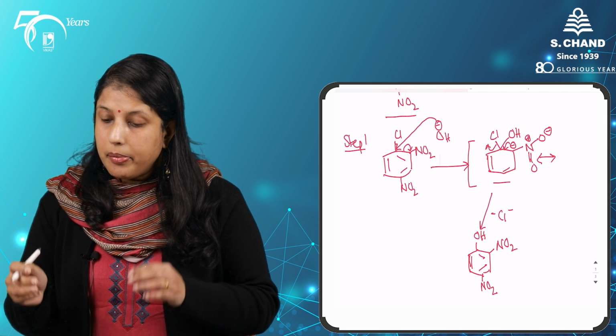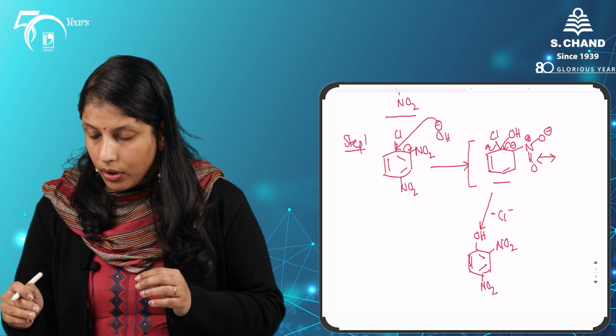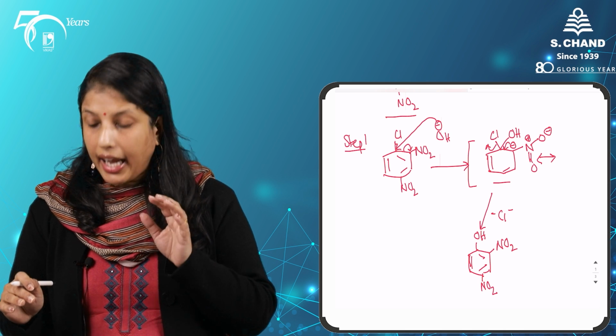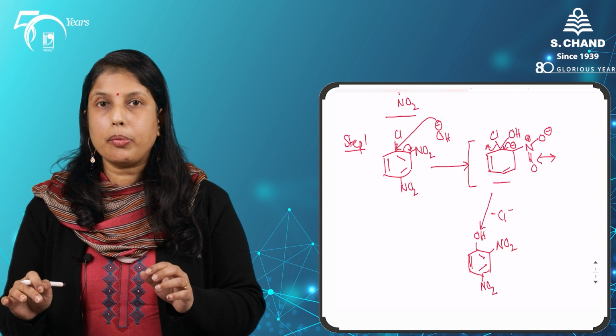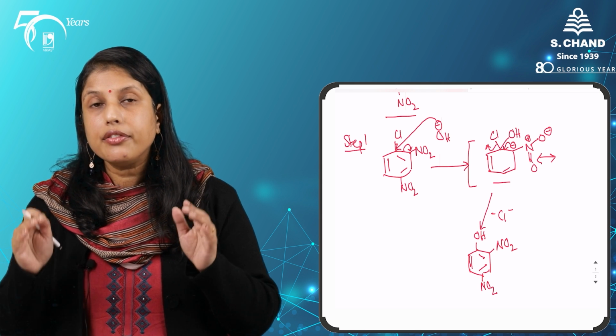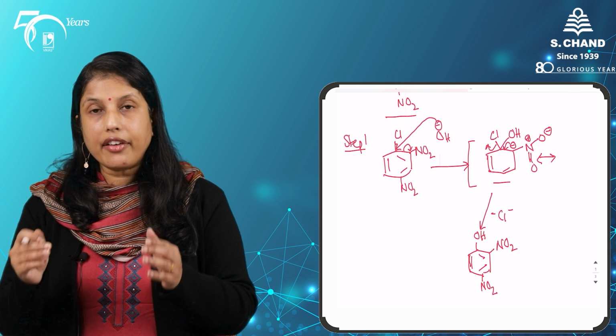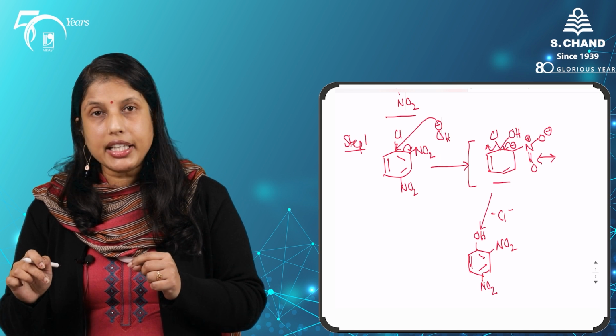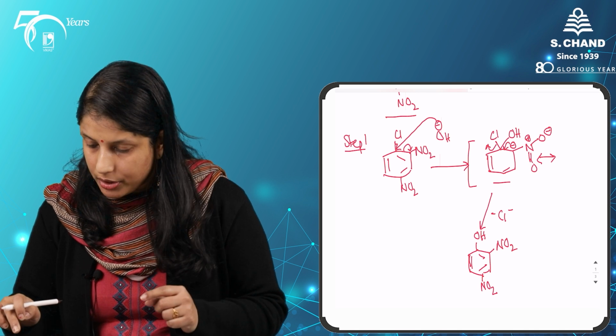I will get my 2,4-dinitrophenol. But remember, the reaction is not going to stop here. Why? Because phenols are acidic and we have a basic medium. So this phenolic proton in this basic medium is going to get deprotonated.